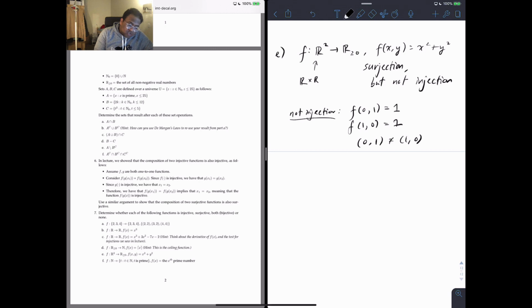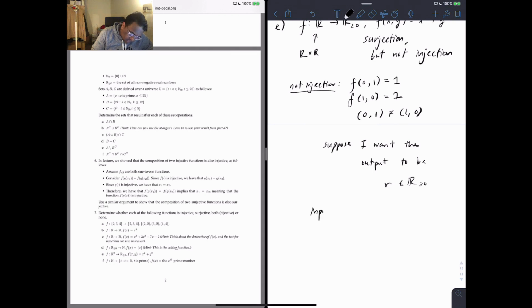It is a surjection, though, because pick any non-negative real number output I want. Suppose I want the output to be r, which is an element of the reals greater than or equal to 0, then my input can just be (square root of r, 0).